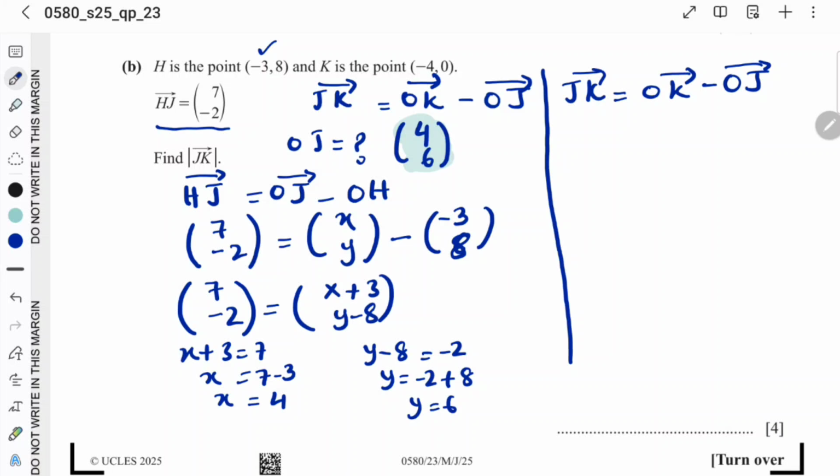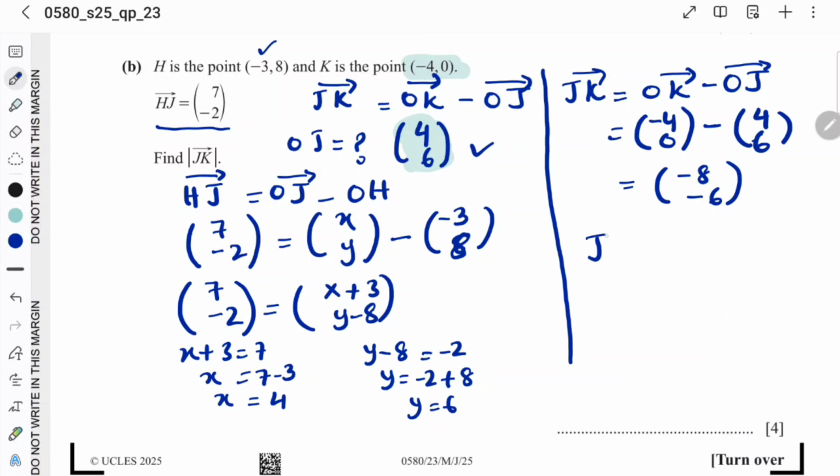OK is there, minus 4, 0. So that is minus 4 and 0, and J we have found is 4 and 6. So that is equal to minus 4 minus 4 is minus 8, and 0 minus 6 is minus 6.